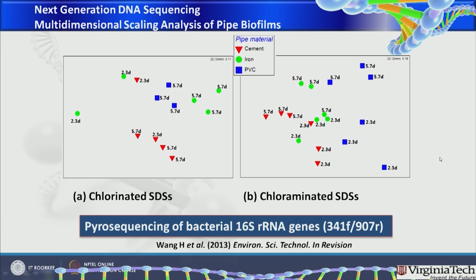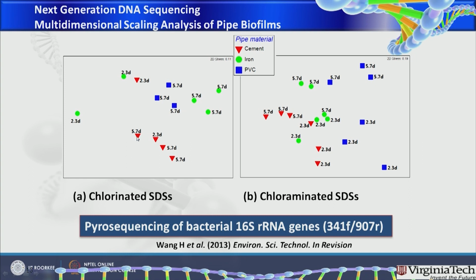This is a figure from Hong Wang's paper in Environmental Science and Technology, where she did pyrosequencing of 16S rRNA genes from pipe biofilms. After she generated sequences, she analyzed them, and this is an MDS plot, by the way. You can see that the dots that are closer to each other are microbial communities that are similar to each other.